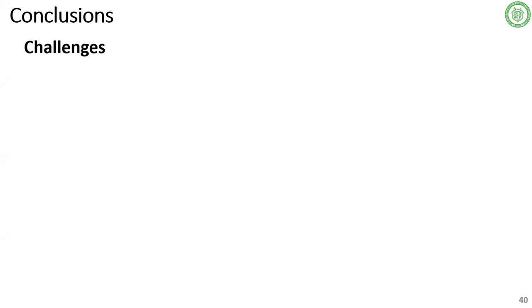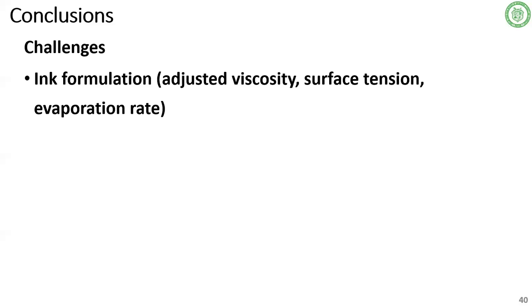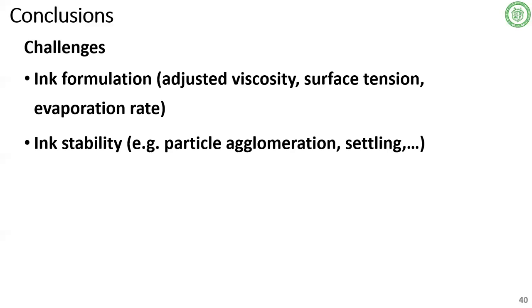But there are a few challenges as well. The first challenge for any inkjet printing technology, even any printed electronics technology, is ink formulation. You have to adjust the viscosity, surface tension, and evaporation rate of the ink containing the material. Stability means that the ink may agglomerate or settle and block the nozzle, and other issues are related to this printing technology.